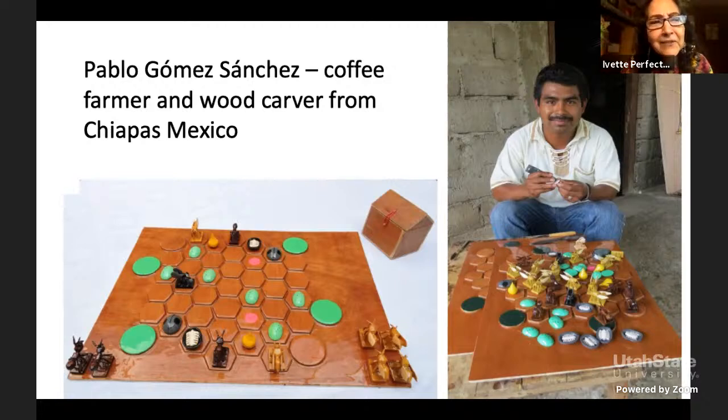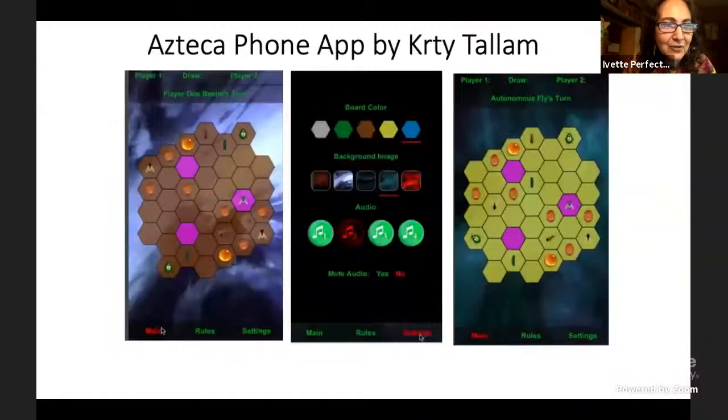And then finally, I was giving a talk about this system, and there was an engineering student from India, and she needed to do a project, and she got fascinated by this game. She said, oh, can I try to do this game as an application for a smartphone? And I said, yeah, sure, go ahead. And so she developed this game, the Azteca phone app.